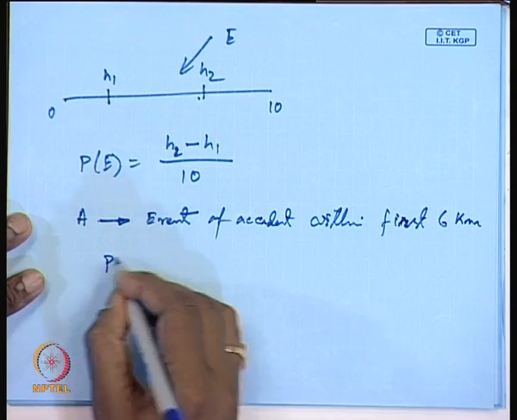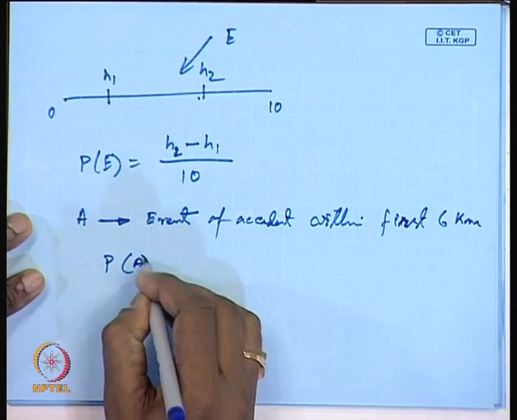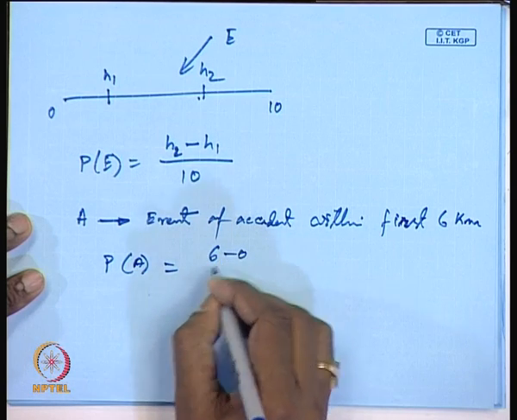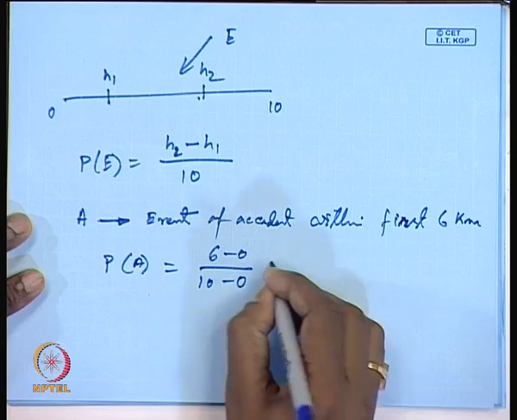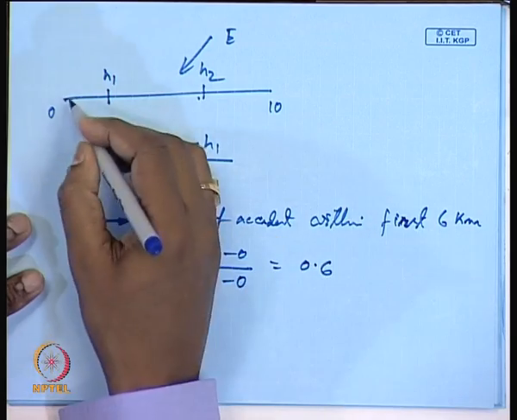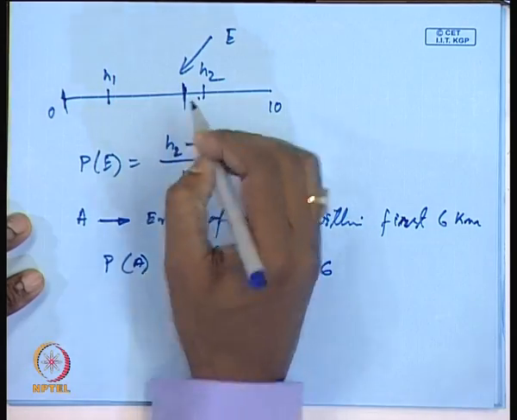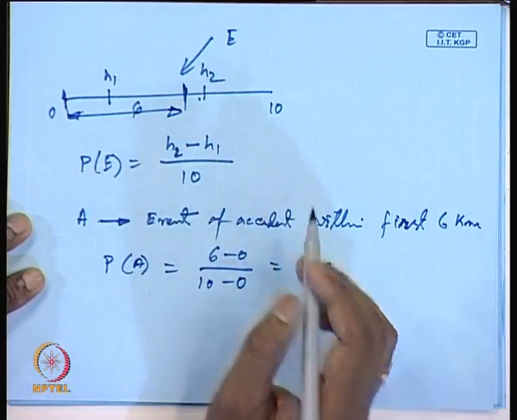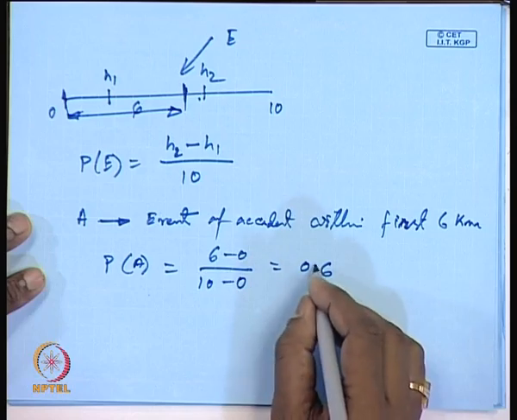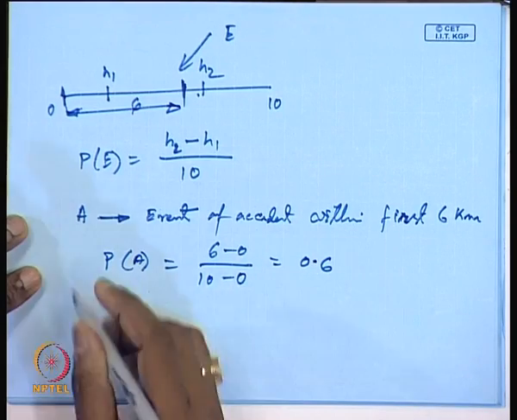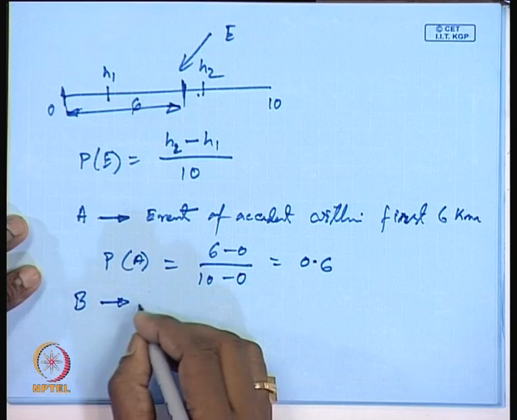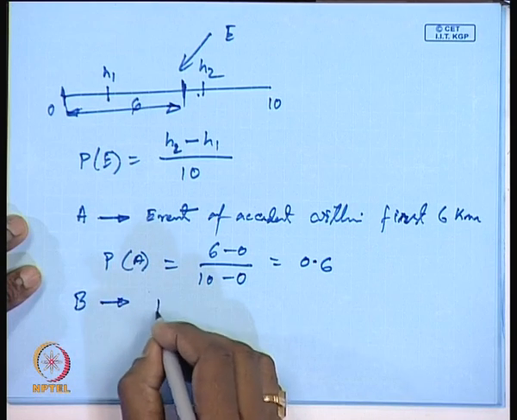So the probability of A that we will get here is nothing but 6 minus 0 divided by 10 minus 0, which is 0.6. So from starting here up to 6 km range, the probability of accident in between these two is 0.6.